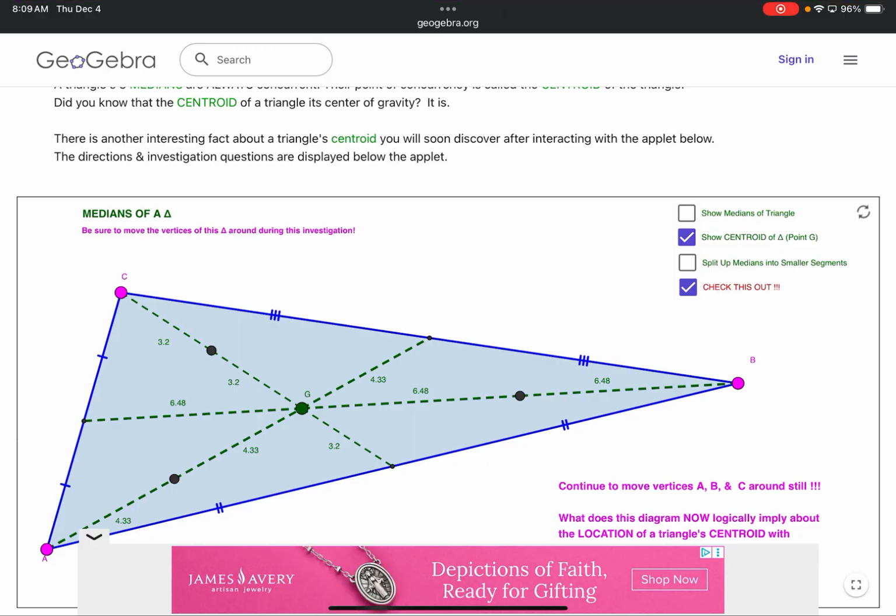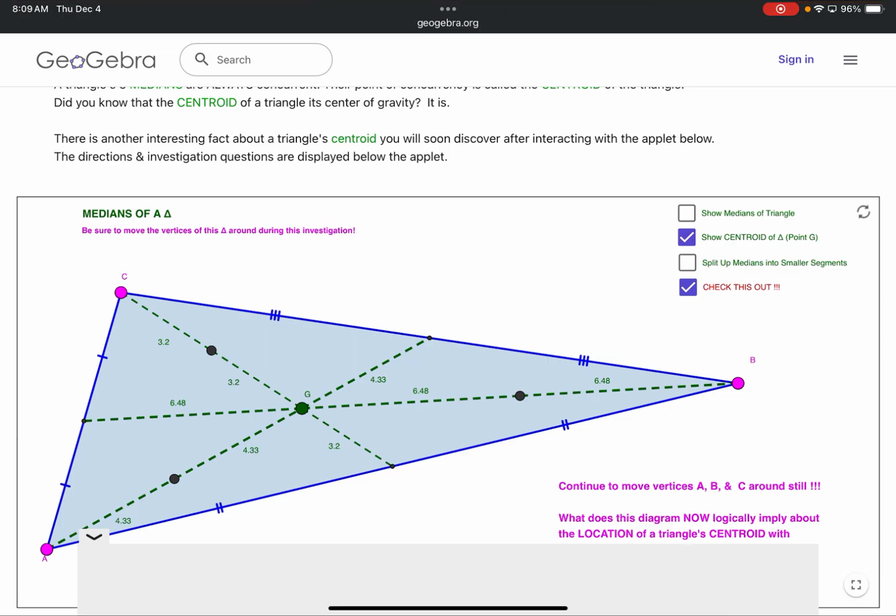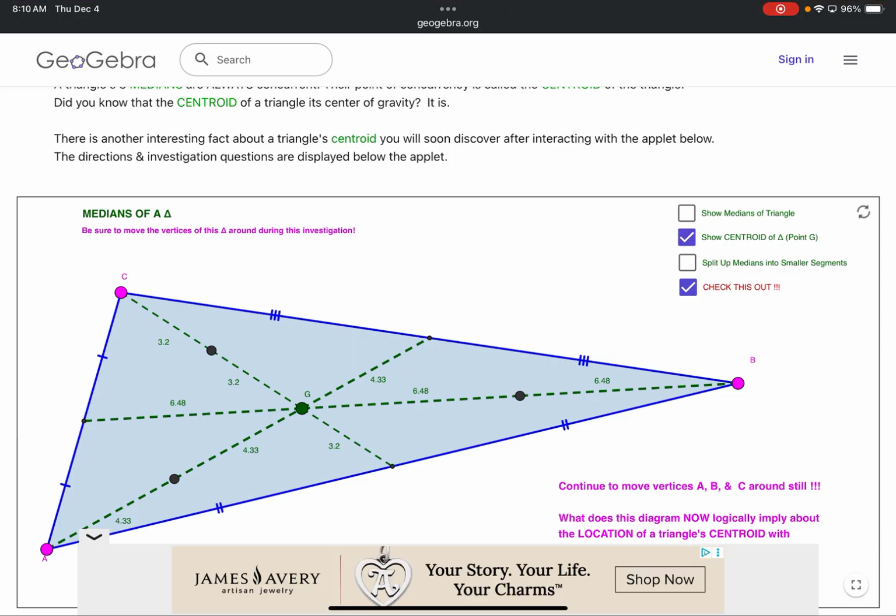So that's what we discovered. And in general, each median can be split up into thirds. We have a third here. We have a third here. And we have a third here. We can relate everything back to this smaller piece because our bigger chunk is just 2 times it.